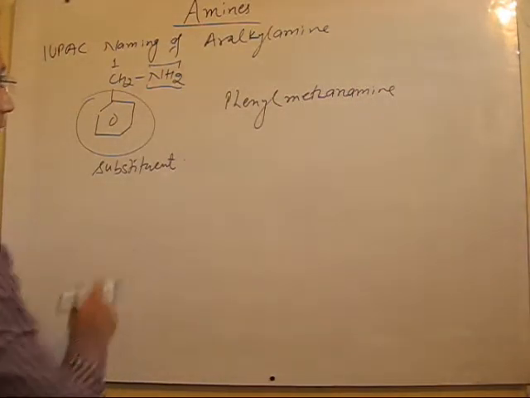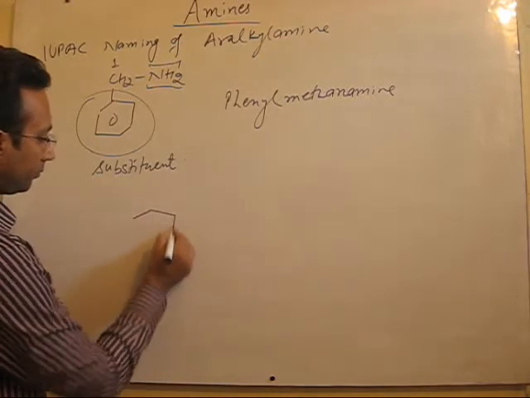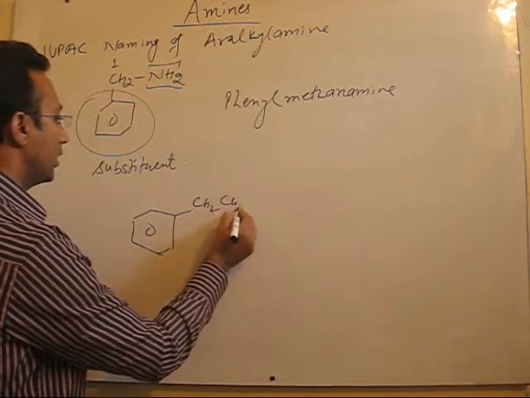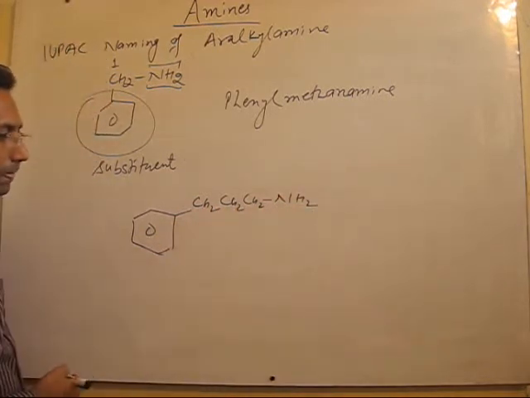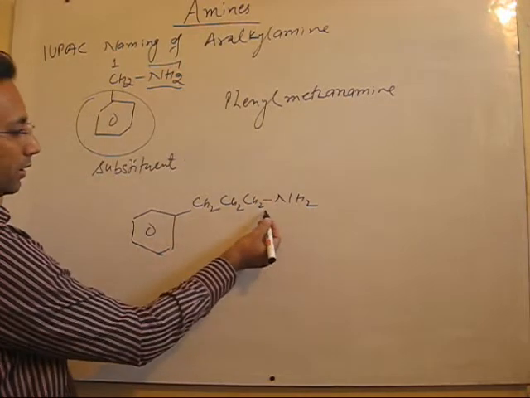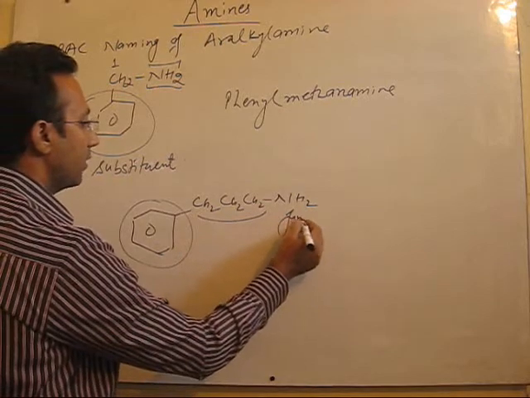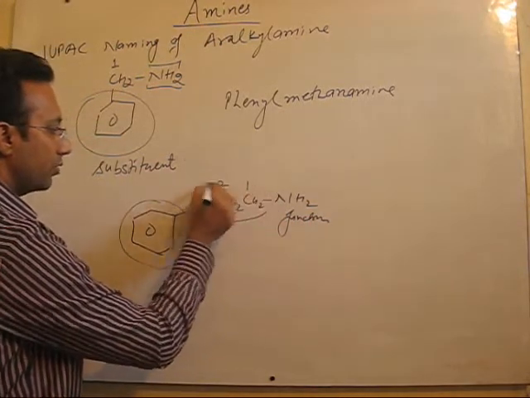Now let me take one more example in this case. So see here, if the chain length is large, CH2, CH2, CH2, NH2, fine. So in this case, you can see here, this is your main chain, this is substituent, and this will be treated as a functional group. Fine. So numbering will start from this carbon 1, 2 and 3.